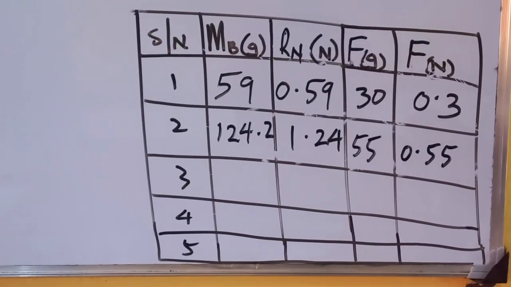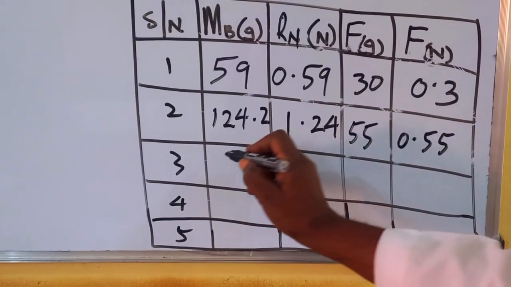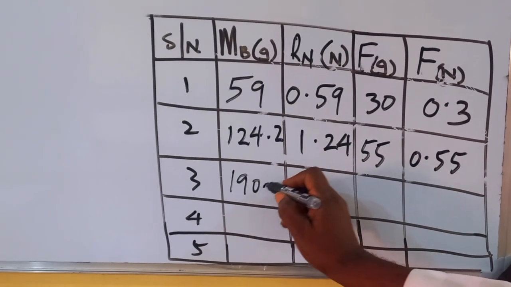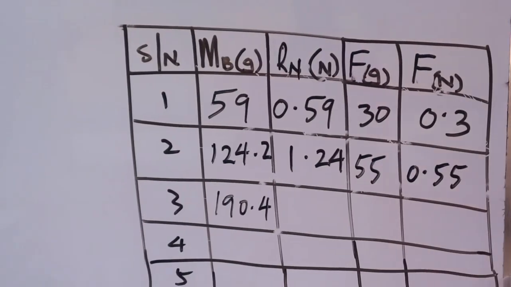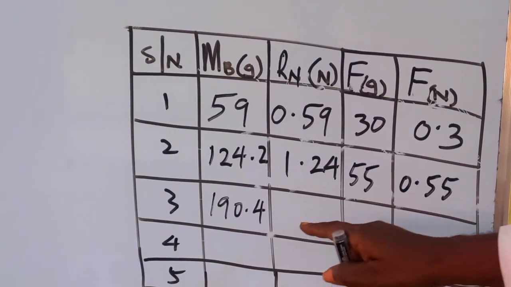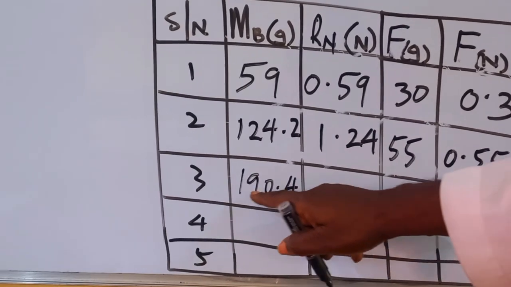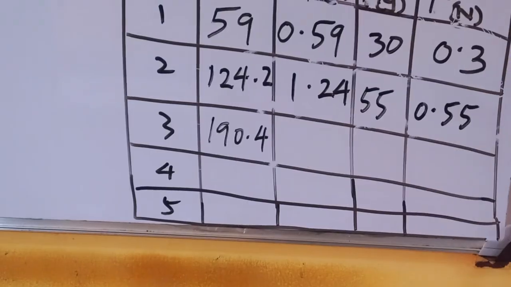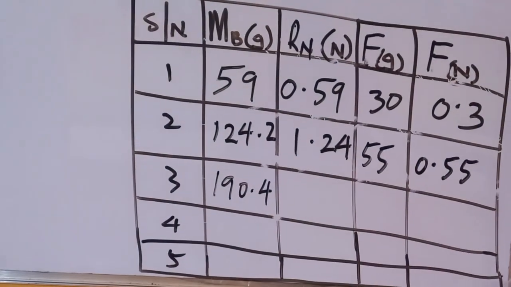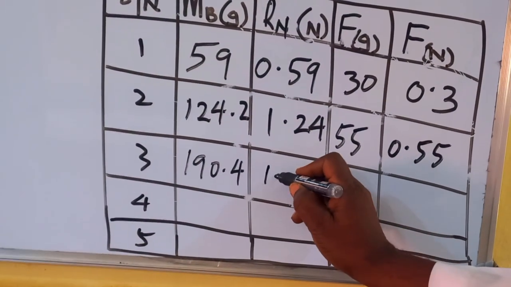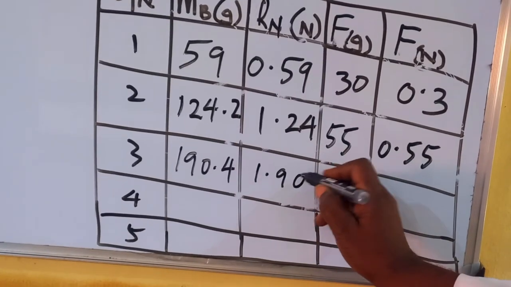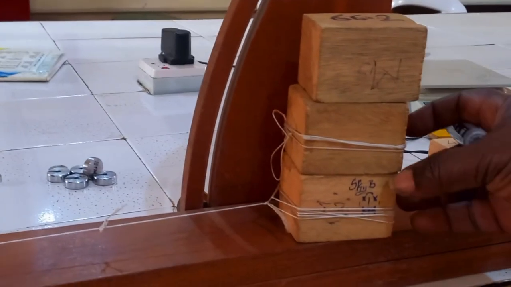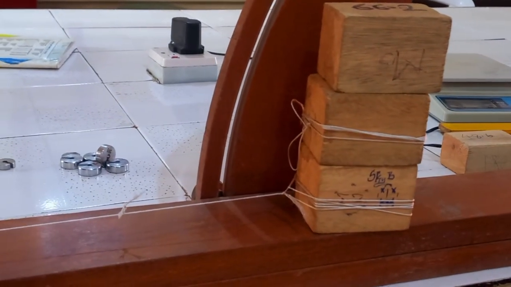I will proceed now to enter 190.4 as the total mass of the block now. All right? Now, if I divide this by 1,000, I convert it to kilogram. All right? Multiply it by 10, it gives me a force of 1.90. Now, mark you, the total mass of the block now is 190.4.